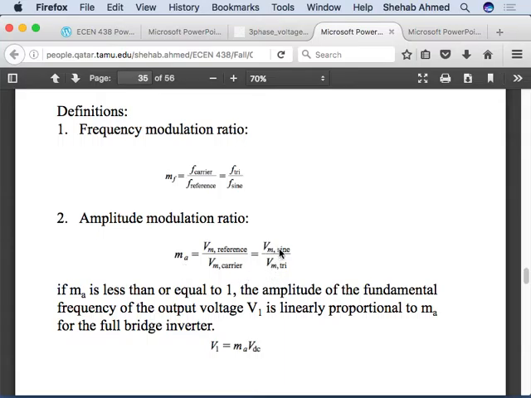So the ratio between this sine wave reference and this triangular high frequency carrier is an indication of the amplitude of my output, right? One is the reference or modulating waveform, and one is the carrier waveform. I would like to control this to control the voltage value, right? So how do you control this?